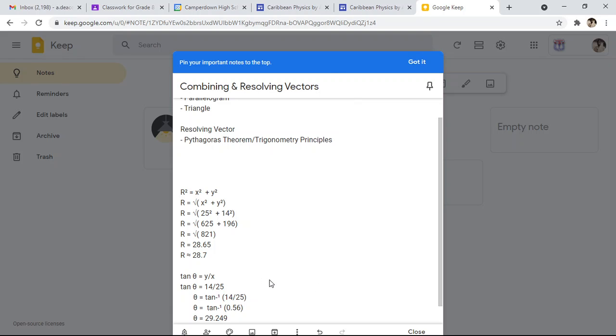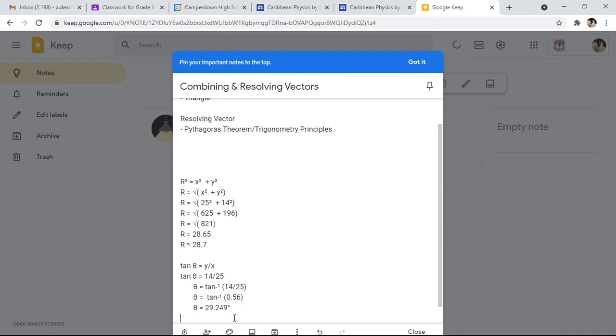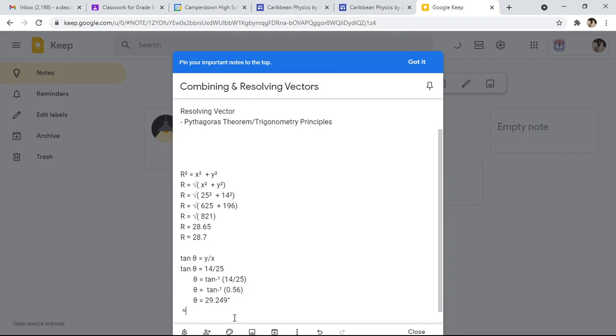Where is the degree sign? Here you go. Copy this. So therefore, let me put this down here. Paste, copy the theta.